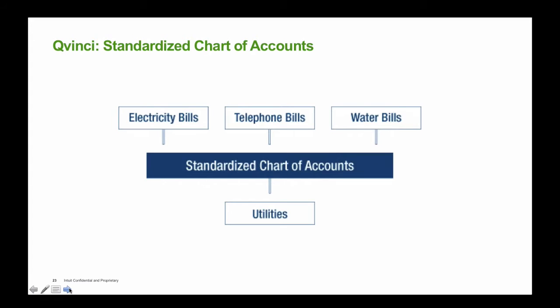The problem is, because the accounts are not the same, if you didn't make sure that every single QuickBooks file runs with the same chart of accounts, you may have to use Qvinci to translate: in this company they're called this, in that company they're called that, and we're going to unify them together. The other nice thing about the standardized chart of accounts is you can choose to omit certain information from a consolidated report.